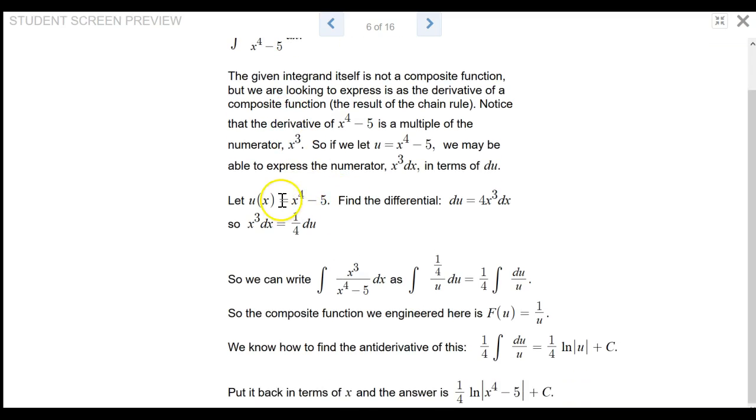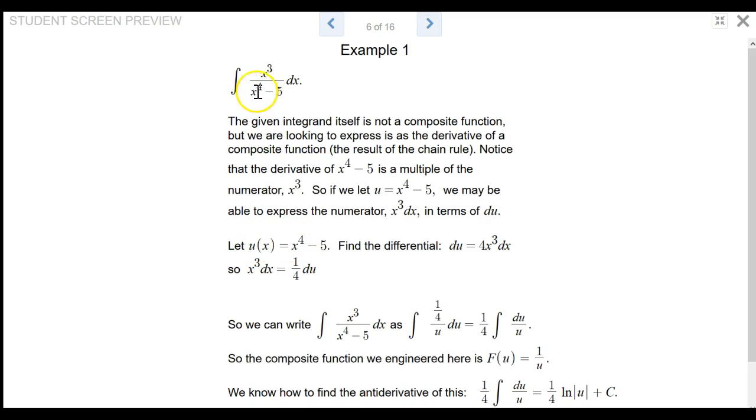So let u equal this denominator, x to the fourth minus 5. The differential, du, is 4x cubed dx. That's good because I can get rid of that 4 by just dividing both sides by 4. So I can replace x cubed dx in my original integral with 1/4 du.